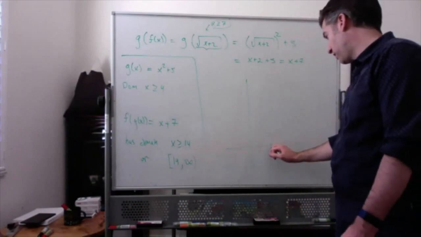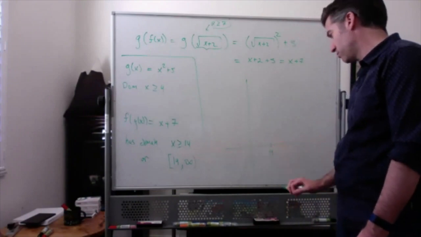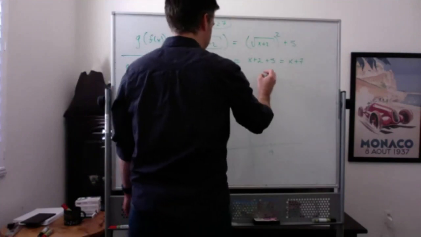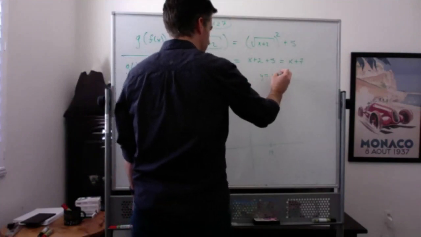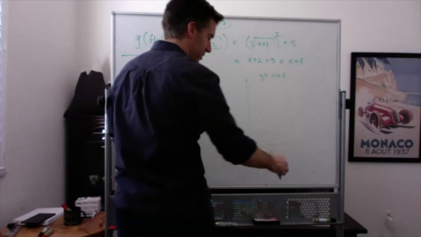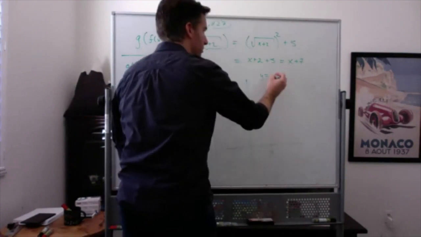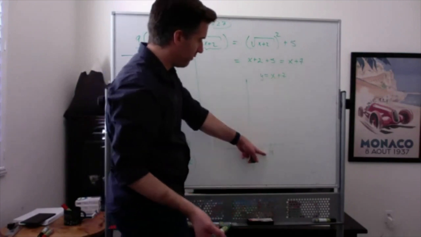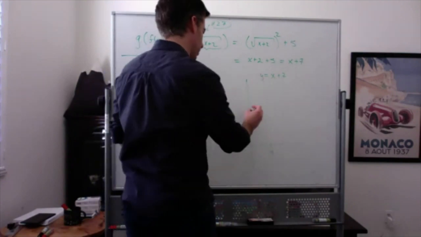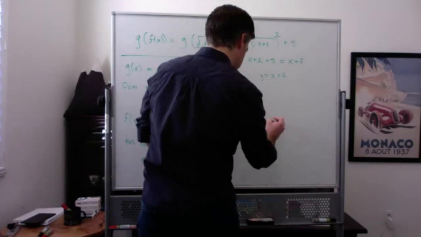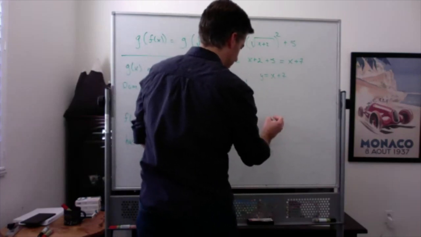So if I start over here at x equal to 14, and I'm essentially graphing y equals x plus 7, then if I plug in 14, 14 plus 7 is 21. So that's my starting point. And then it just looks like this.